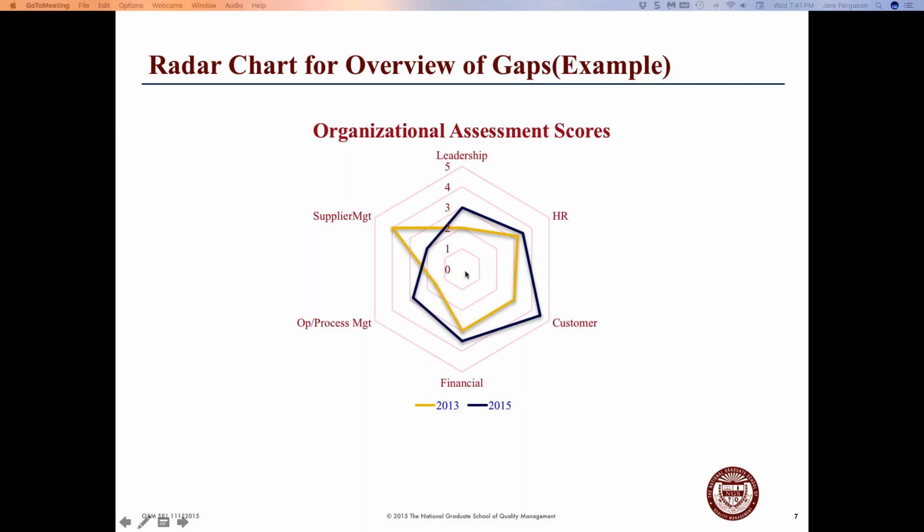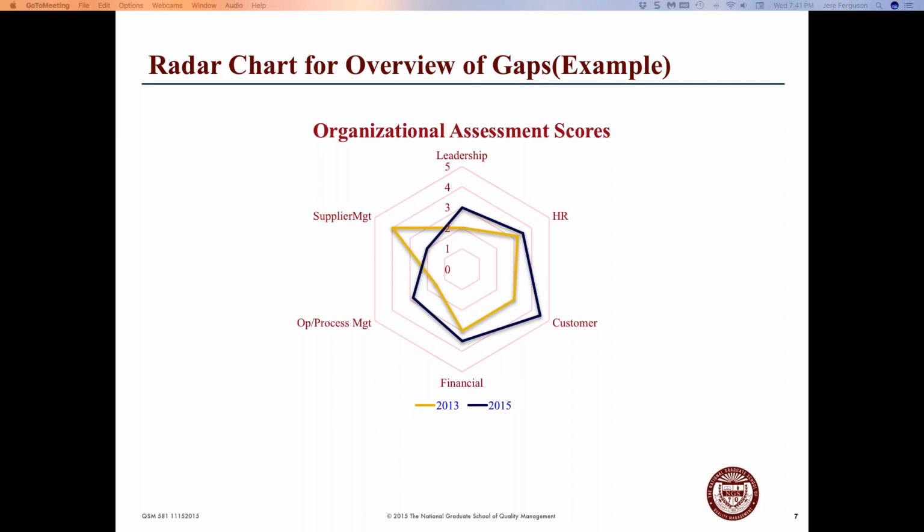Normally what you would expect is that you're trying to achieve a 5, that a perfect score in this case is a 5, and an absolute worst case scenario is a 0. And so here they're saying that in 2013, the leadership score for this organization was a 2.